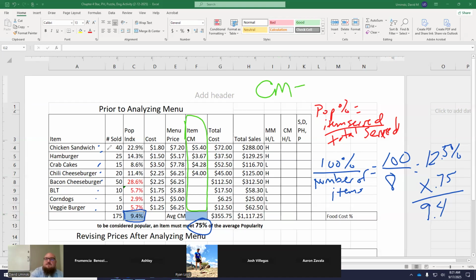So contribution margin is equal to the menu price minus our cost. So when I take $7.20 and I subtract $1.80, I get $5.40.